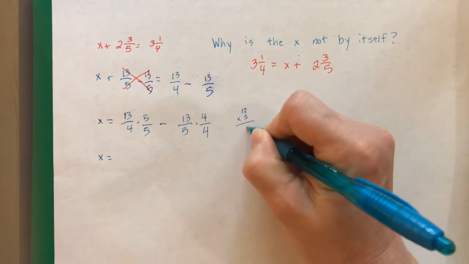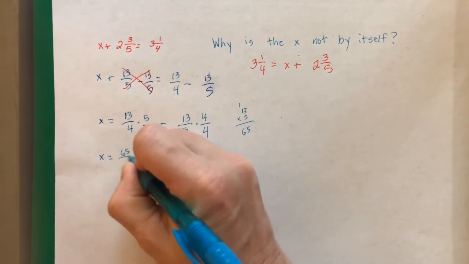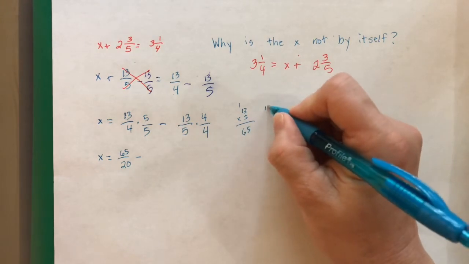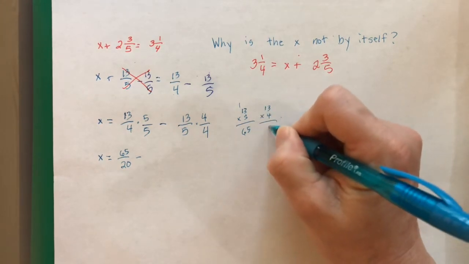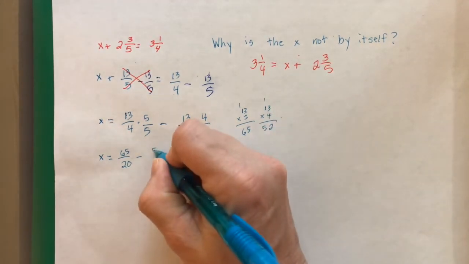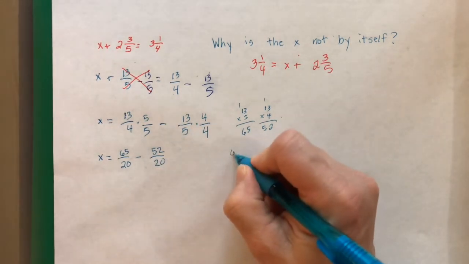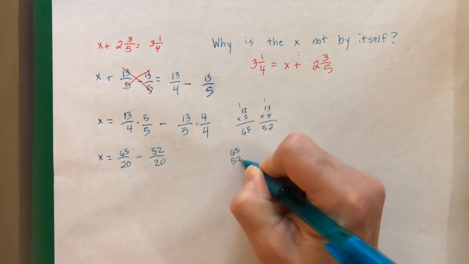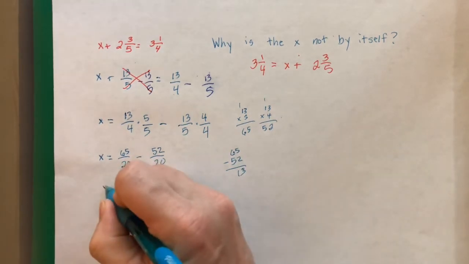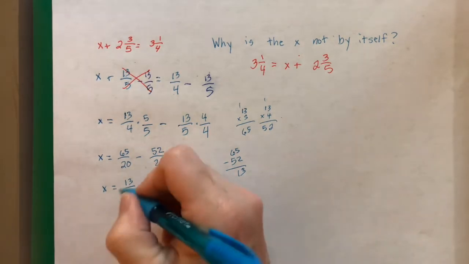Go over on the side and do that, and you'll get 65/20 minus 13 times 4, which gives you 52/20. This you can probably do in your head, but if you make mistakes doing it in your head, certainly go to the side. X equals 13/20. Okay, so that's my answer.